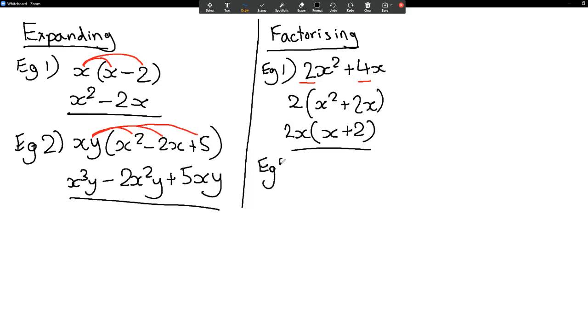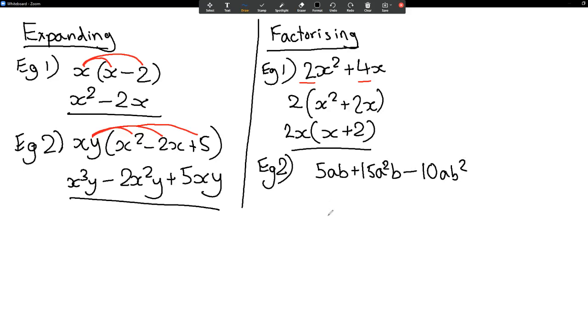Okay, so then we have example 2, which, let's say we have 5ab plus 15a squared b minus 10ab squared.